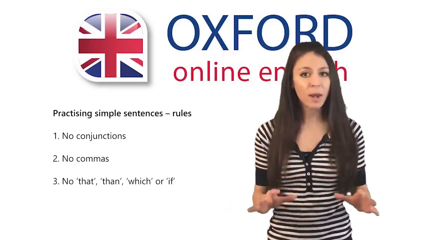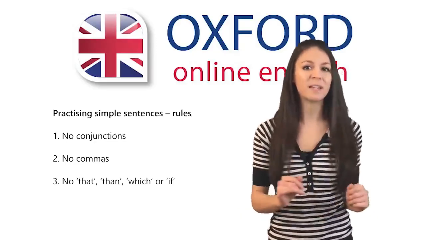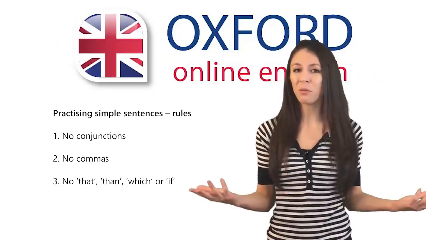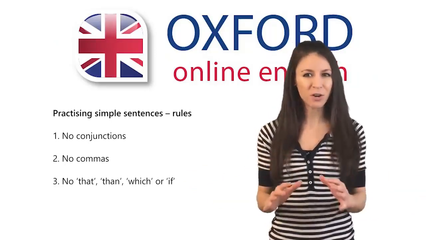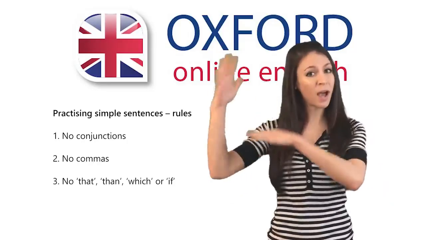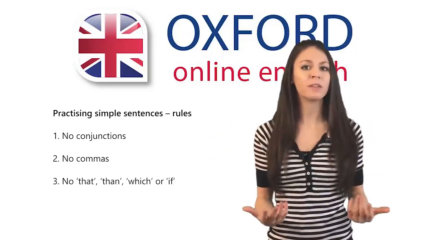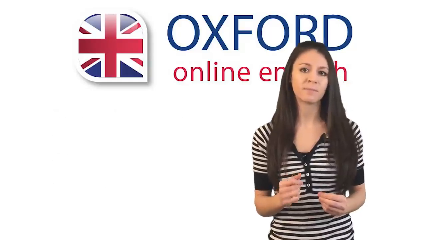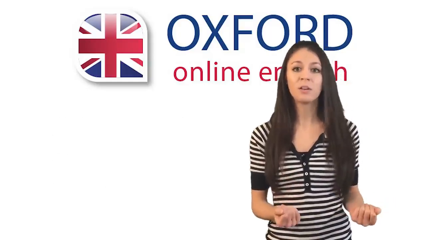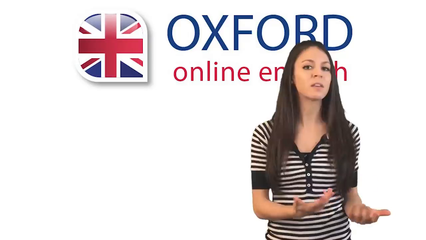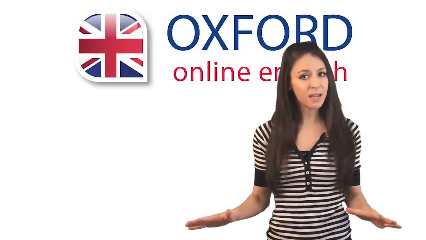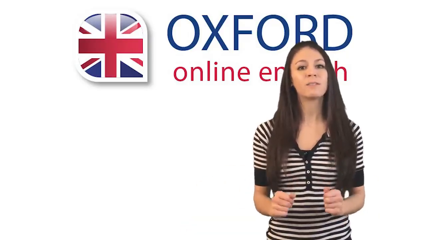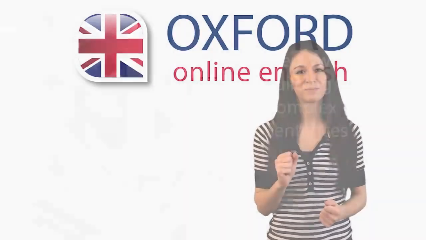Remember, if you can't write simple sentences accurately, then you can't do anything more complex. If your target score is 7 or higher, you need to work on this step until you can do it consistently. When you can write an IELTS answer using only simple sentences and without making many mistakes, you're ready to move on to step 2.